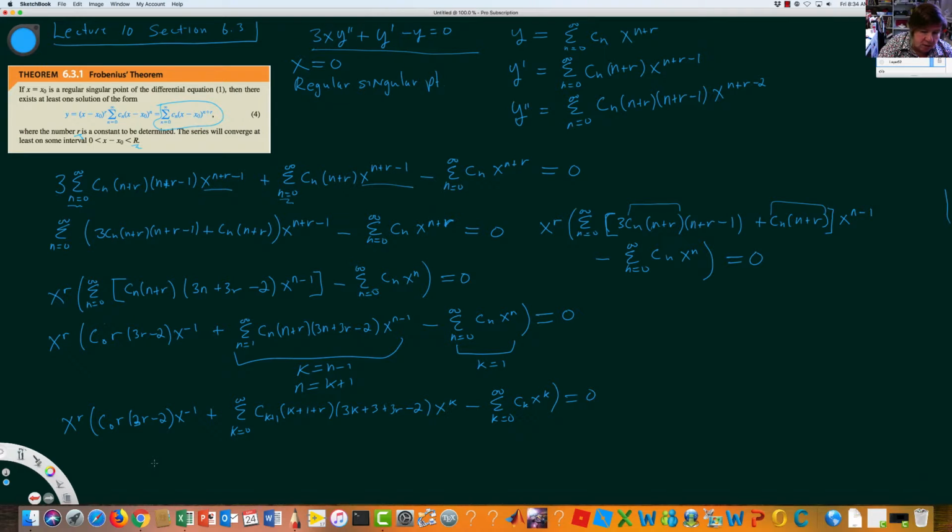We have our x to the r out in front of everything, and then our term c0 r, 3r minus 2, x to the minus 1, and then plus the sum k equals 0 to infinity of ck plus 1.